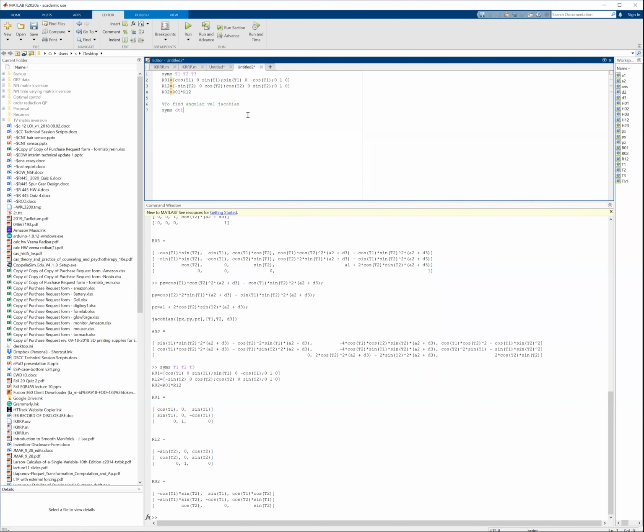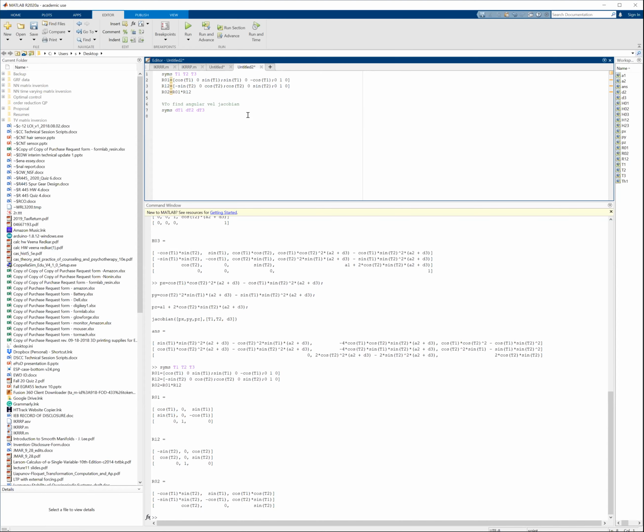I'm going to call them dtheta1, that signifies delta theta 1, delta theta 2, and then delta theta 3. And the final answer is going to be something like this.